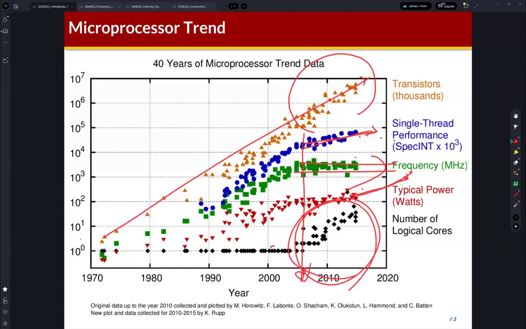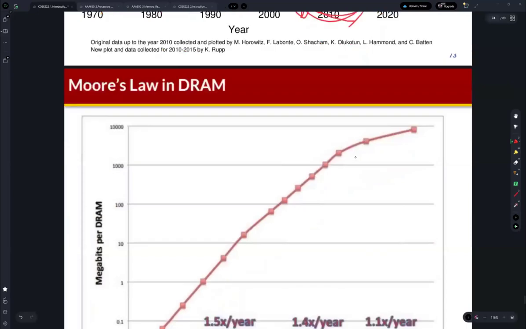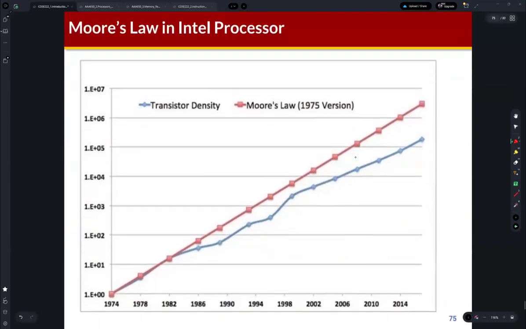CPU vendors do not make a larger single core. Instead, they have increased the number of cores in a chip, because of power. So this is the trend of Moore's law.